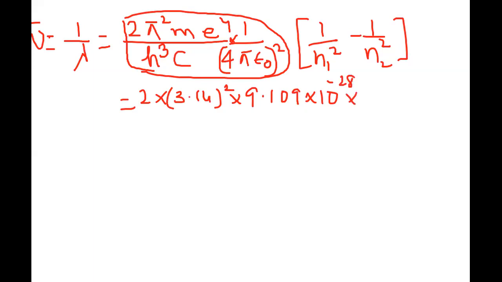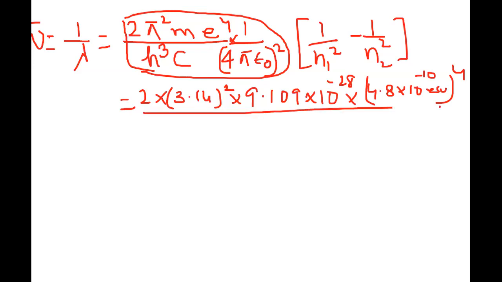The charge in terms of ESU will be 4.8 into 10 to the power minus 10 ESU, raised to the power 4. And of course, you'll have the permittivity value, and Planck's constant is 6.626 into 10 to the power minus 34. If you substitute the units also, it will be easier for you to get the value.